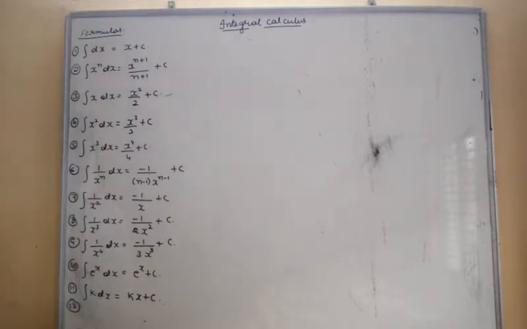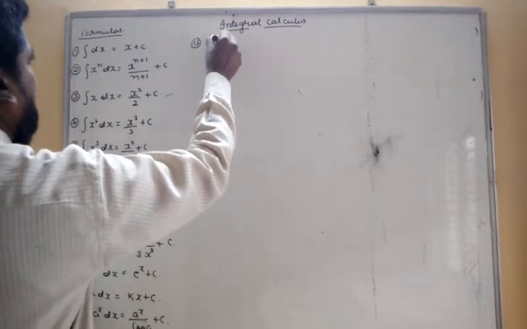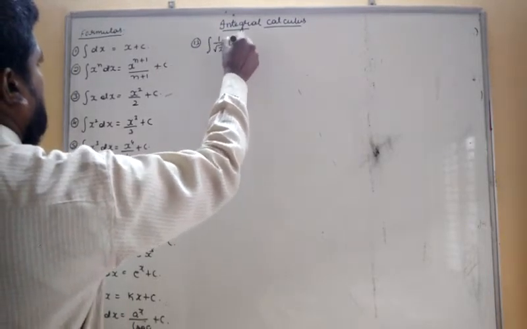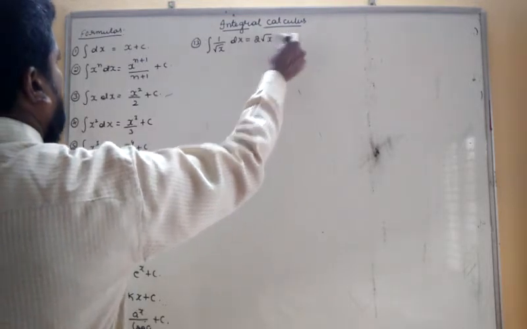The next, integration of a to the power of x. A to the power of x integration is a to the power of x by log a plus c. Okay, so the next formula, integration of 1 by root x. 1 by root x integration is 2 root x plus c.